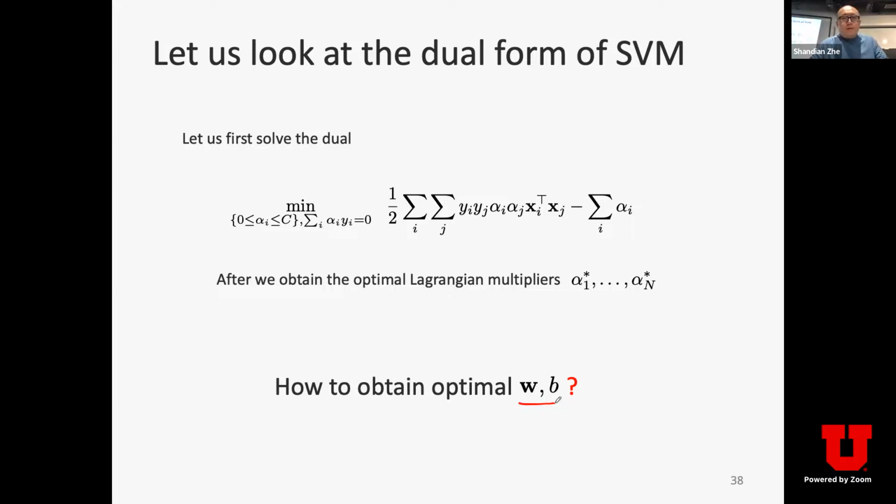After all, our classifier is determined by W and B rather than these Lagrange multipliers. So the natural question is, once I have the Lagrange multipliers alpha 1 star to alpha n star, can we use them to obtain the optimal weight vector and the bias parameter? That is our question. So how can we do that? Any thoughts?